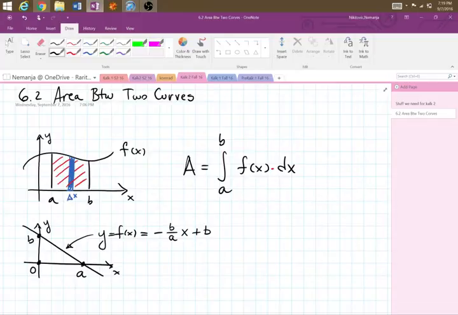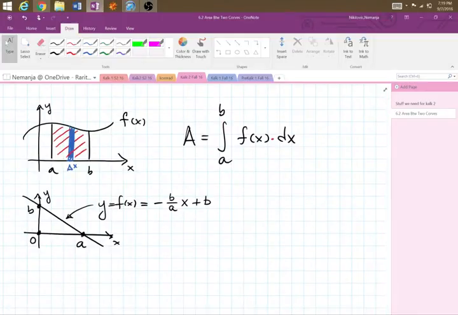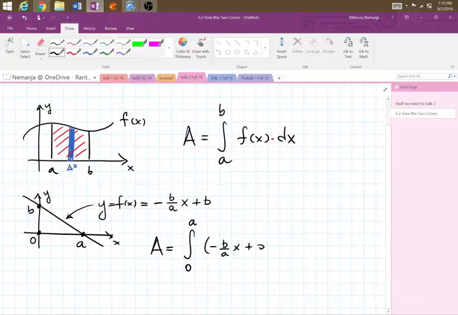So now, what I'm going to do is, I have the function. I'm going to set up my area as the integral from 0 to a of the function, which is negative b over a x plus b, times dx.